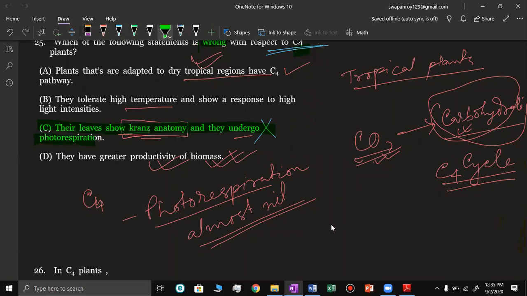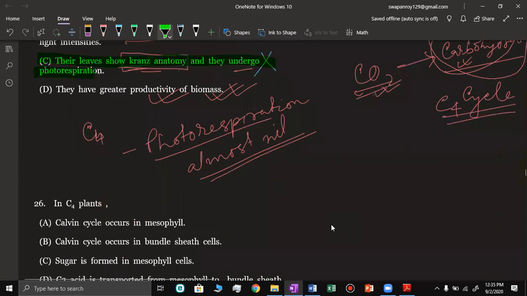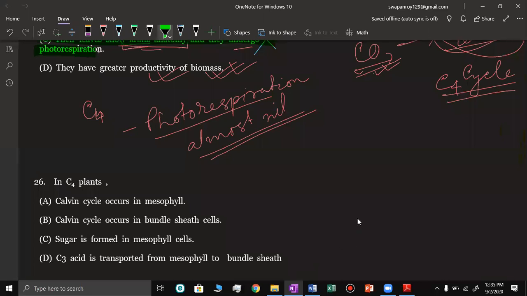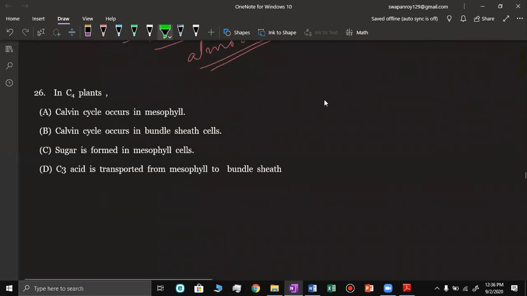Come to the next question. In C4 plant, in mesophyll cell, C3 acid is transported from bundle cell. In C4 plant, there are actually two steps.